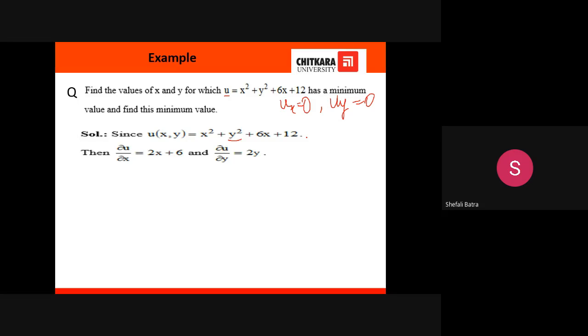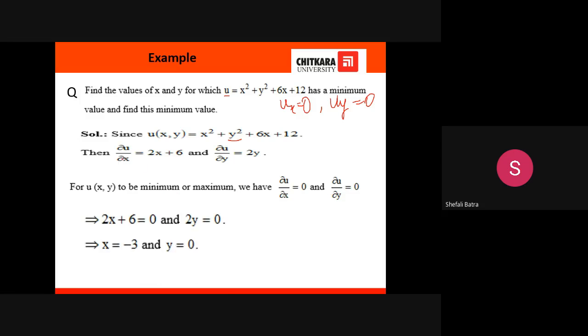Now put ux equal to 0 as well as uy equal to 0. So you'll be putting 2x plus 6 is equal to 0 and 2y is equal to 0. So from here, y is equal to 0 and x is equal to minus 3.